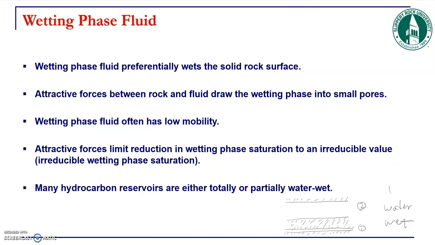Remember that if you have a water wet rock, then the contact angle of water would be less than 90 degrees. That's how a water wet rock behaves. The water tries to spread over the surface.